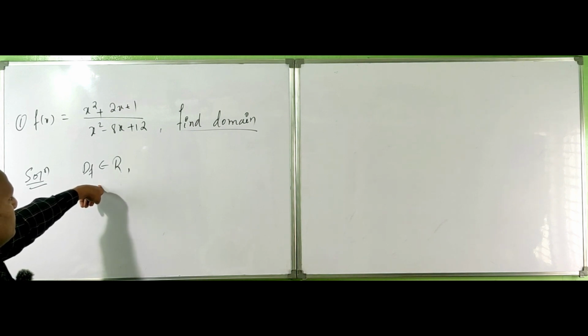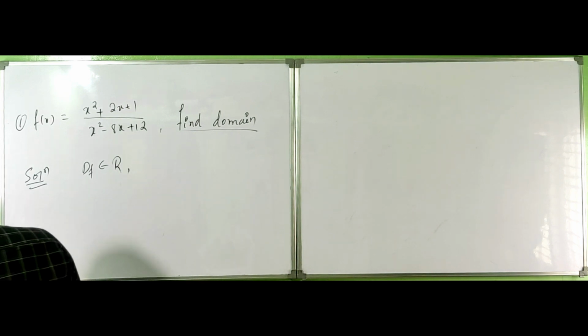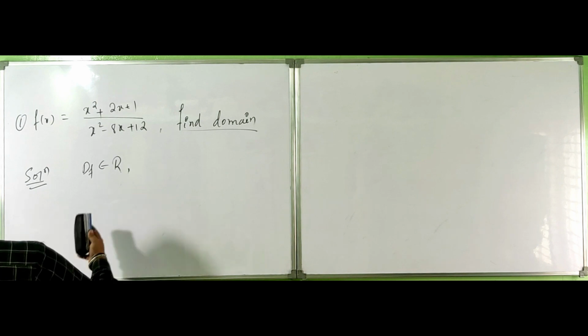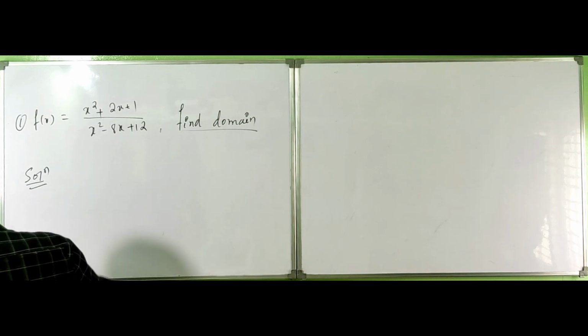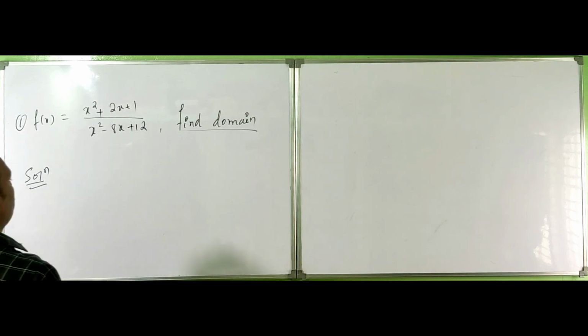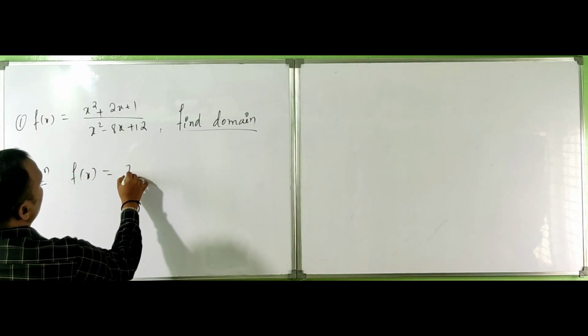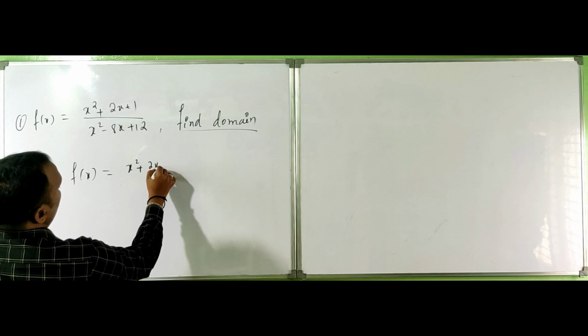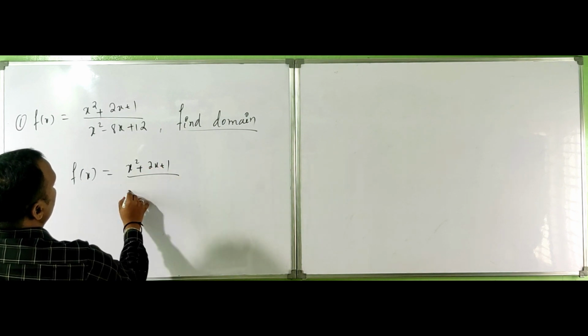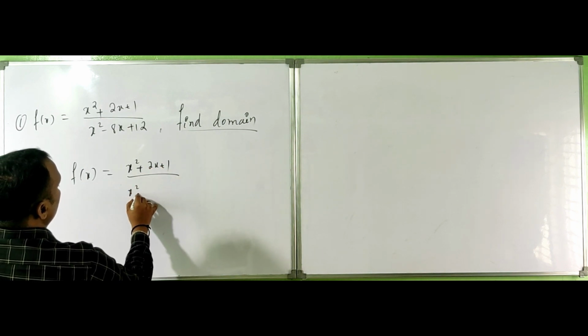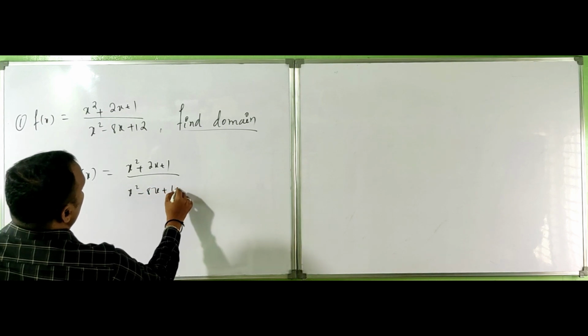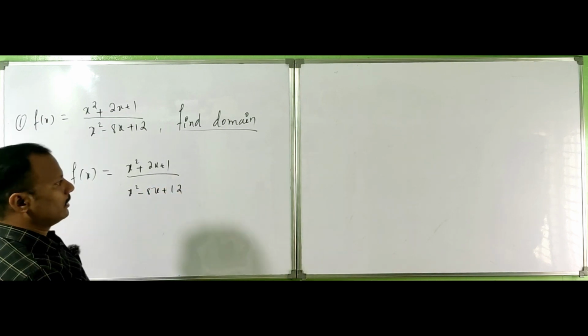Let it be. It's not the right time to write the position right now, okay? f of x is equal to x square plus 2x plus 1 divided by x square minus 8x plus 12, right?